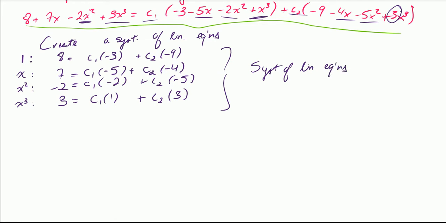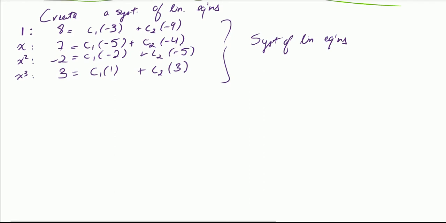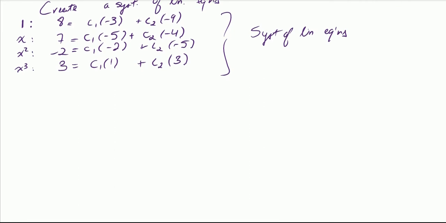So in this case, what I think I'll do is put these in a matrix. You get a 4 by 2 if I don't include the column of constants. So this is C1 and C2.